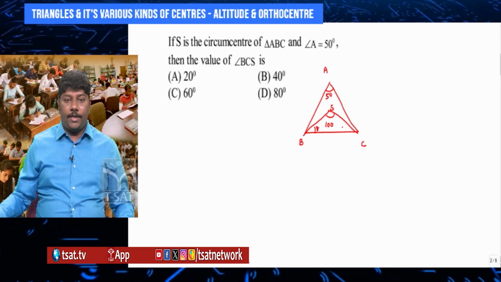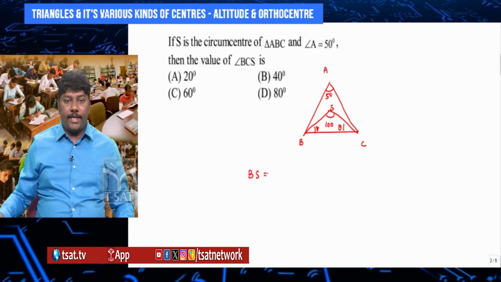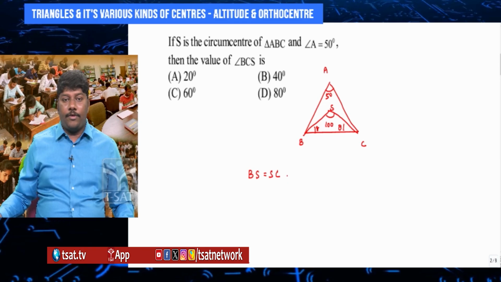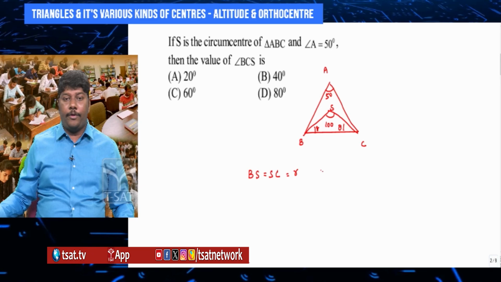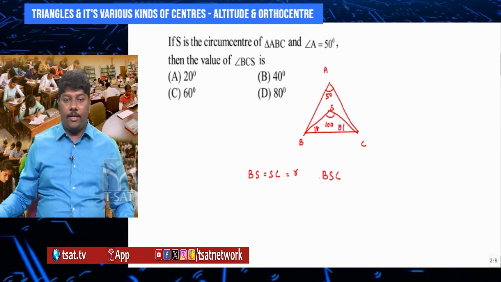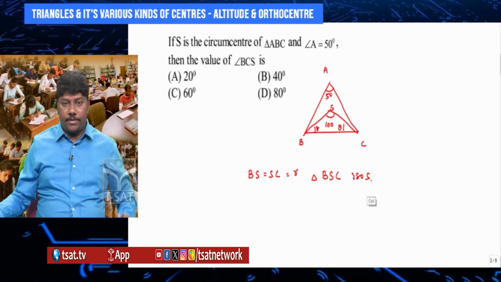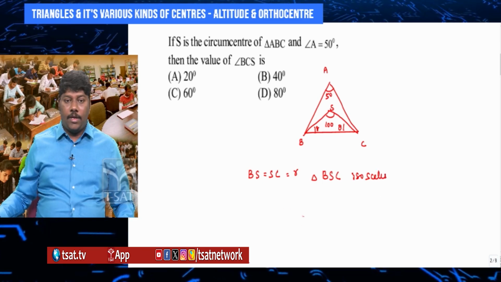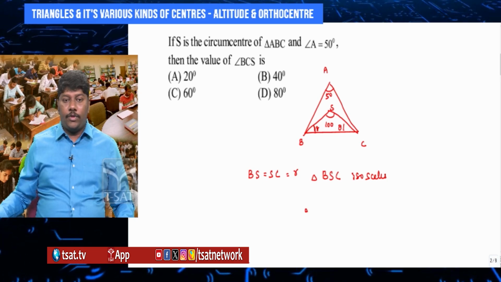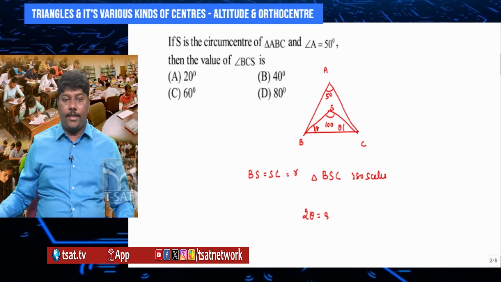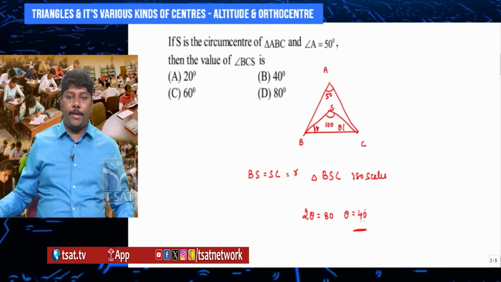If I take it as theta and theta, I can say side BS is equal to side SC, because this is the radius of the circumcircle. Therefore triangle BSC is isosceles, so both base angles are theta. 2 theta is equal to 180 minus 100, that is 80 degrees. Theta is equal to 40. So the answer is 40 degrees.